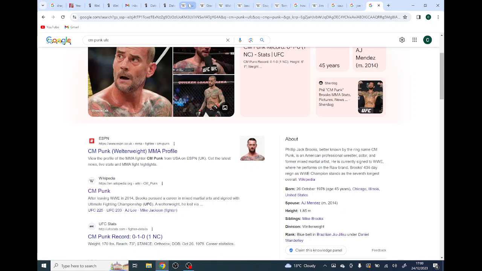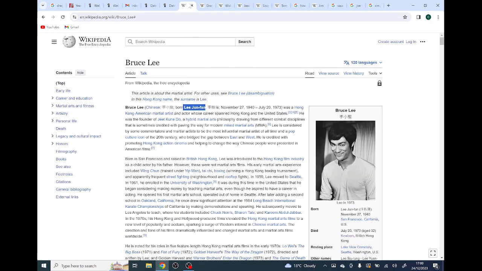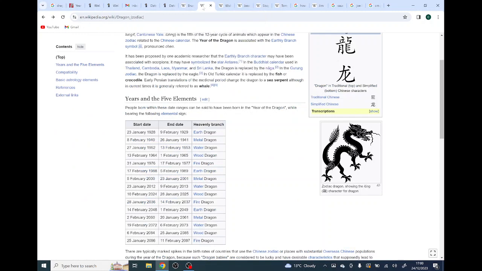But going back to a gentleman that I've been looking into is this gentleman here, Bruce Lee, who was born in the year of the dragon. He was born in 1940, and from the 8th of February 1940 to 26th of January 1941 was the year of the dragon. It was a metal dragon.